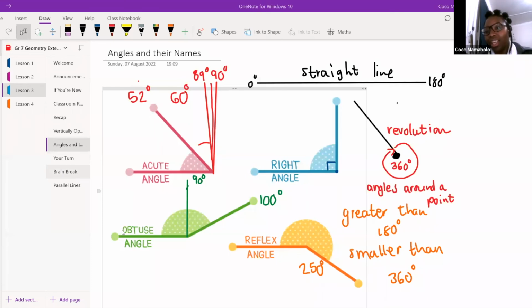All right. Mahlohonolo, can I help? I see your hand. Ma'am, I was asking if you could please not move the page now. Oh, okay. I'm going to keep still for just a little bit so you can take a screenshot. Thank you, ma'am.